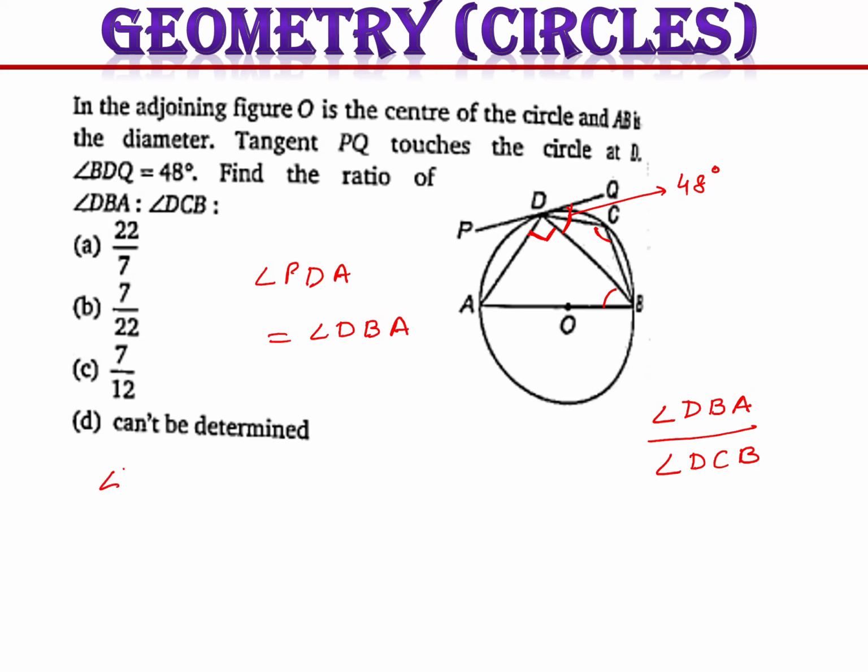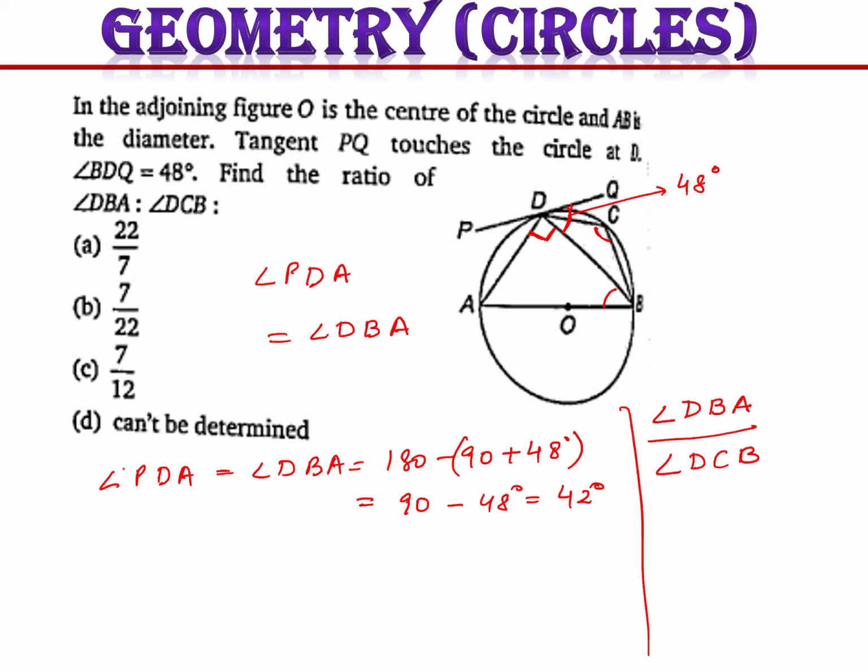Angle PDA, which is equal to angle DBA, is equal to 180 minus 90 minus 48, so this means 90 degrees minus 48 degrees, which is equal to 42 degrees. So here I have got the value of angle DBA, which is equal to 42 degrees.